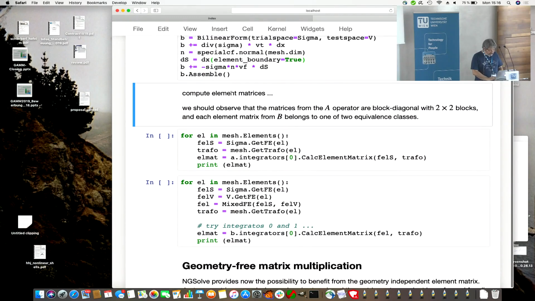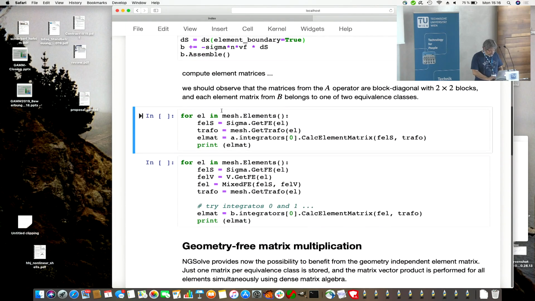And now let's have a look at the element matrices. We can iterate over the elements. We can ask the finite element space for building us a finite element for this element ID.